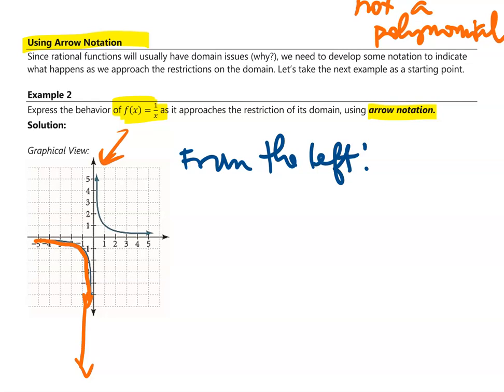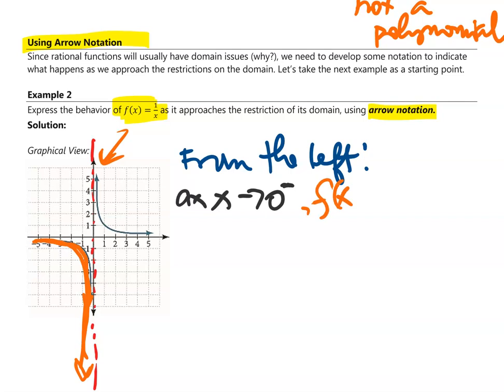So we can say that as x approaches 0 from the left, the minus here is from the left, this is 0. As you can see, this graph from the left is not touching x equals 0. So as x approaches 0 from the left, we can say that f of x approaches negative infinity because this goes down.